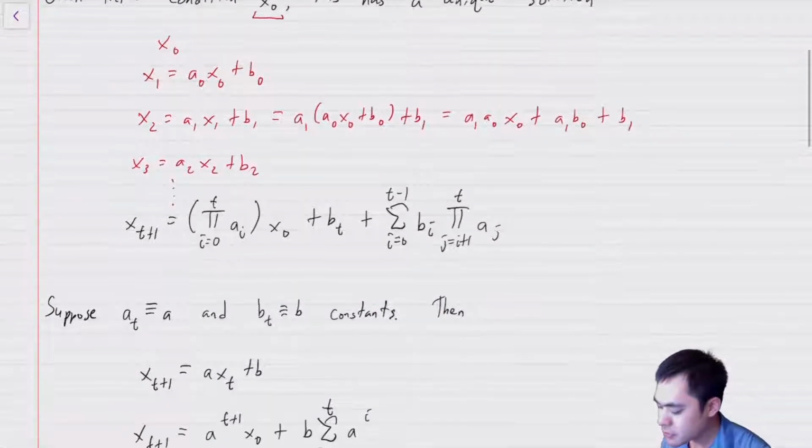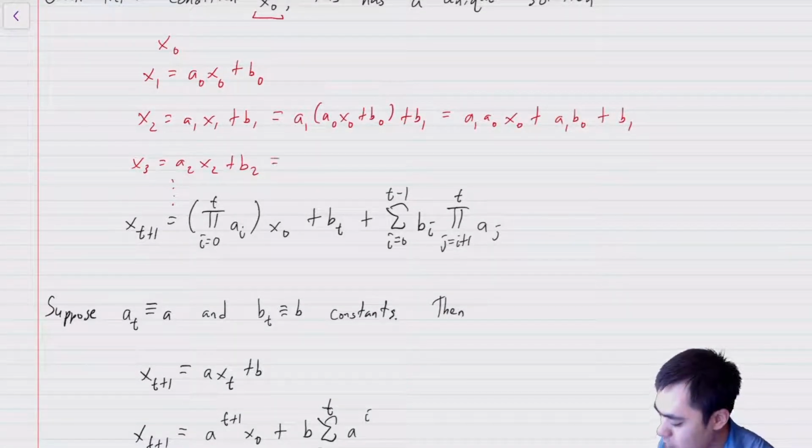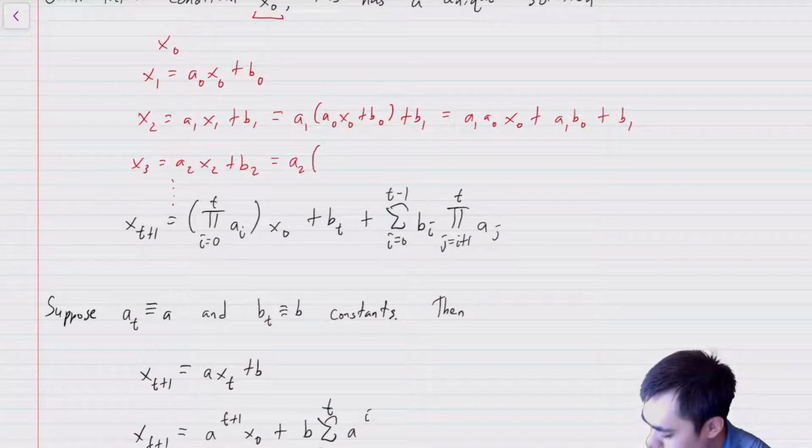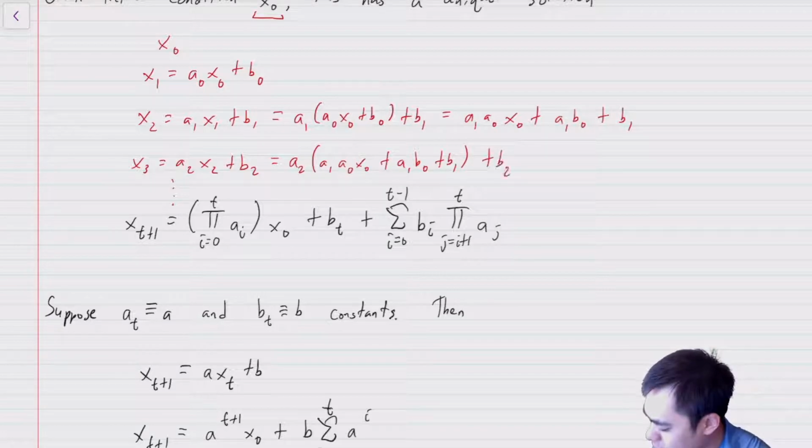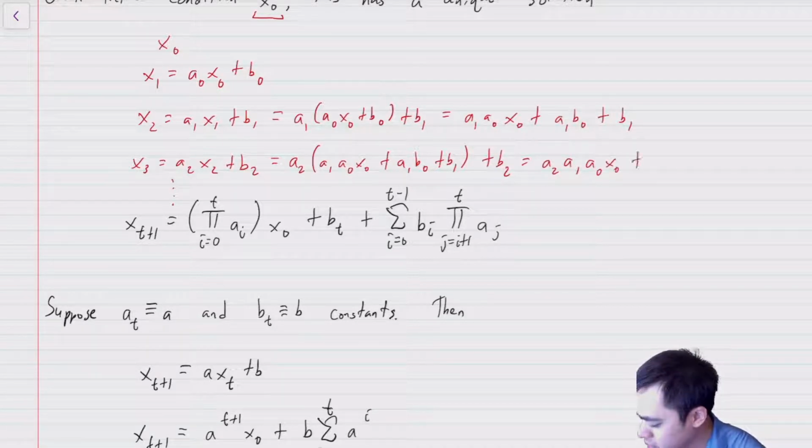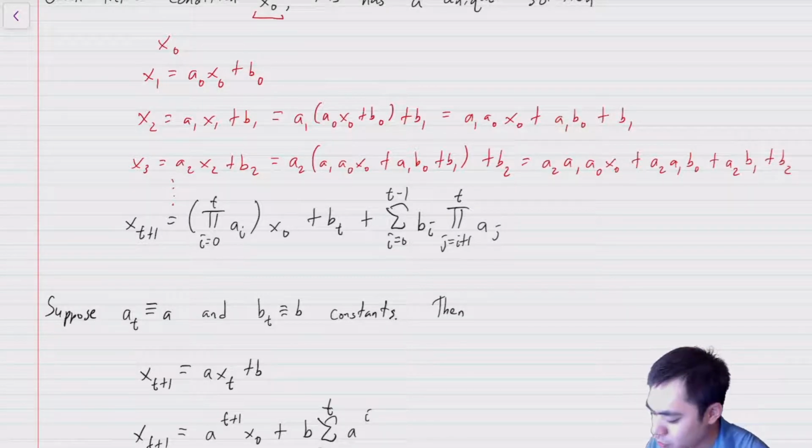And plugging it into this next one, what we get is a2 times all of x2, which is going to be a1 a naught x naught plus a1 b naught plus b1, all that plus b2, which is then going to be equal to a2 times a1 times a naught x naught plus a2 times a1 b naught plus a2 times b1 plus b2.